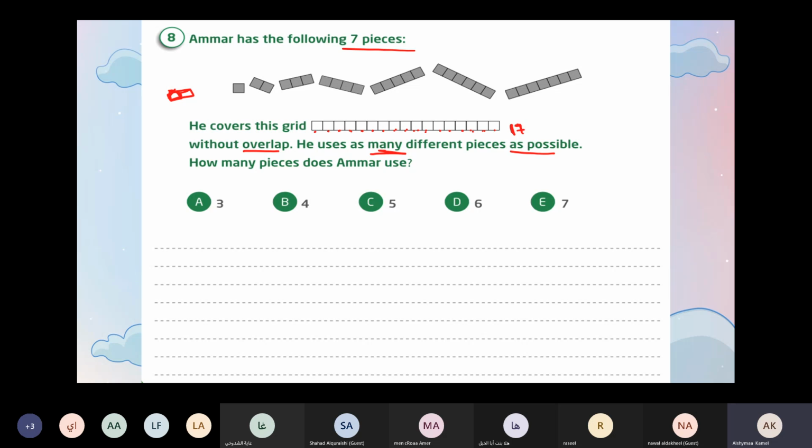What are the choices? Which pieces do you think about? You start to use pieces from here or from here. Will you choose the biggest 2 pieces and put them here, or will you start with the small pieces?